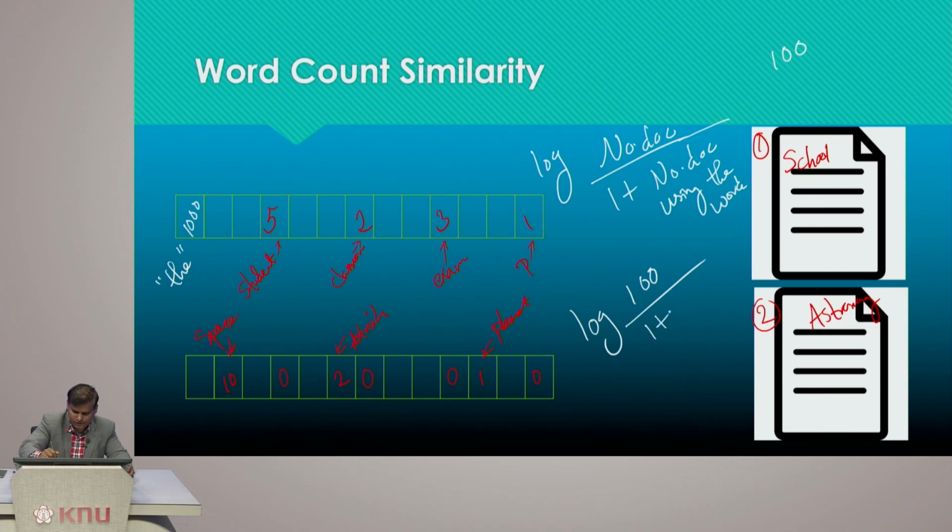So 1 plus 99, that is going to be log of 1, that is 0. So you could see that the measure takes us to the value 0. The basic idea is that the word is used too often, so we take this value to 0.